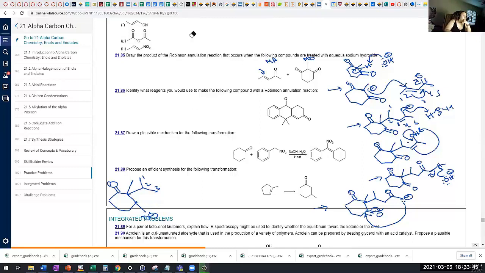I'm sorry, I'm just doing these kind of on the fly. I don't have the answers in front of me, so I'm trying to draw these kind of freestyle. So this is 4 and 5, and so I get this ring. I can protonate this and make our alcohol.